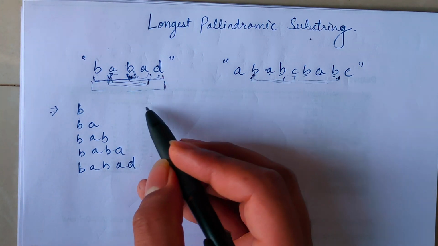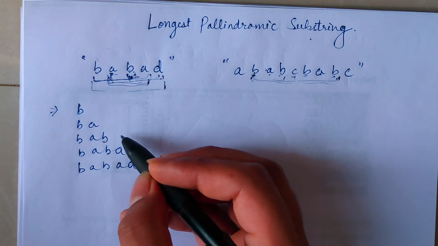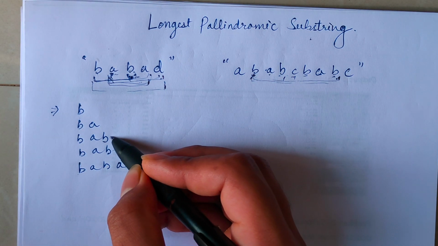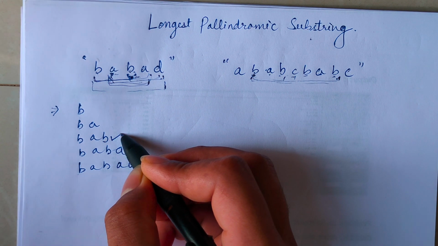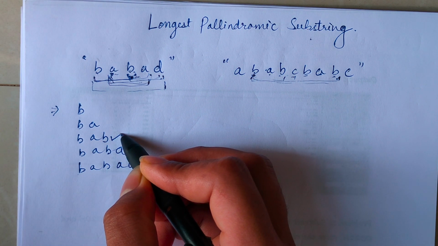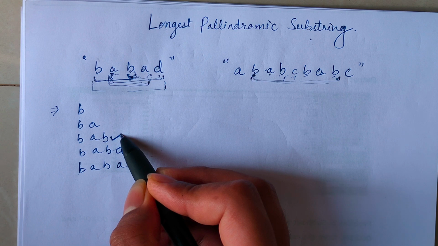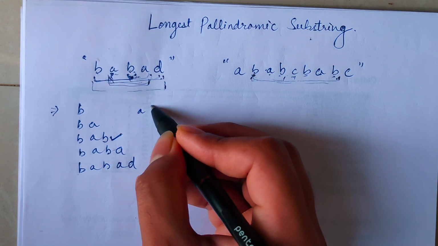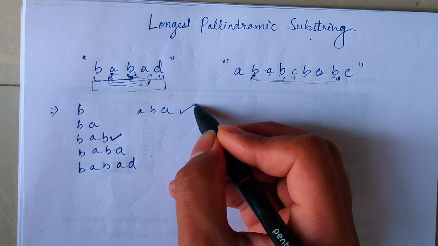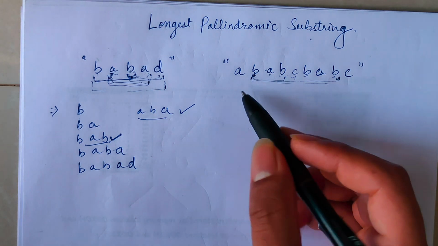So like this, we calculate every substring of the string and find out which substring is a palindrome, and if it's longest we can return it. Means BAB has a length of 3 and another substring which is a palindrome is ABA. It is also a length of 3, so we can return any of these, right?